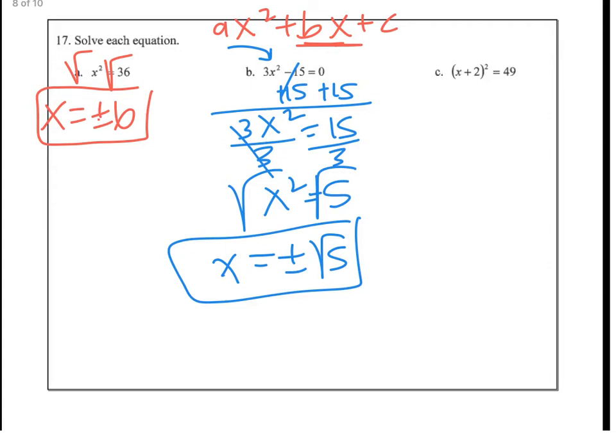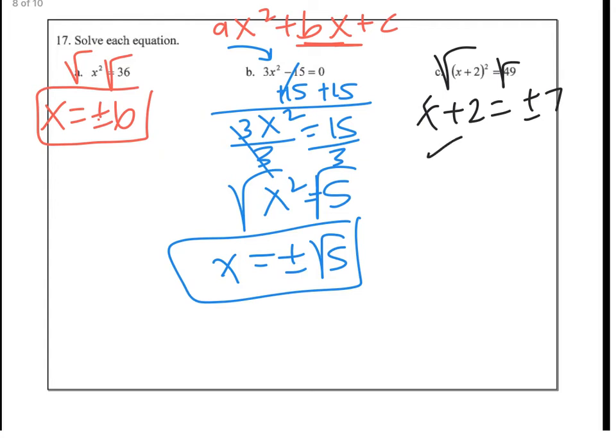Alright, for C, a lot of kids want to multiply out that binomial when they see this squared, but the parentheses, so that x plus 2 squared is by itself on one side, and 49 is by itself on the other side. So I can actually square root this right away, and I would get x plus 2 is equal to plus or minus 7.